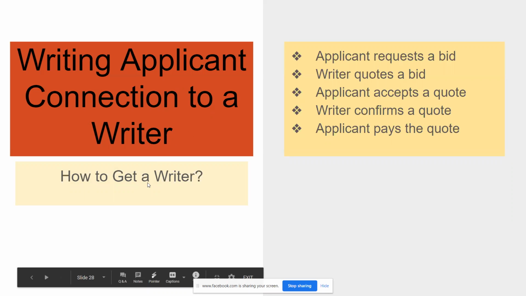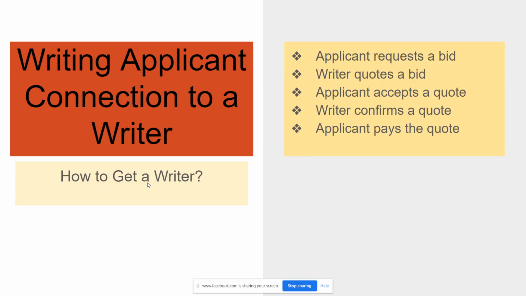Writing applicant connection to a writer. How to get a writer? As I said, as students can be connected to a teacher, a writing applicant can too. He requests a bid. We will see what a bid is. Like I said in the student section, a student having a budget limit will make a bid. This is the same.